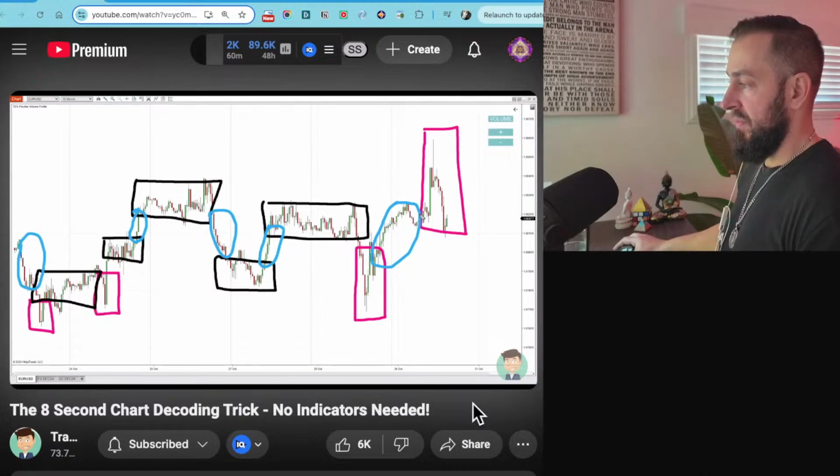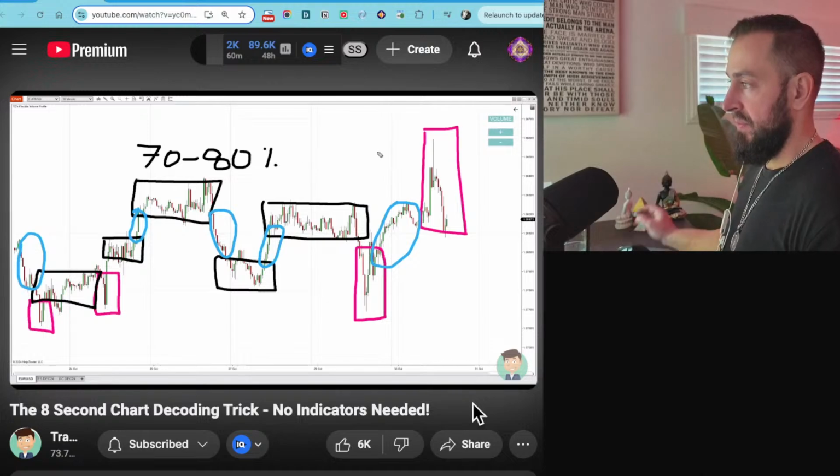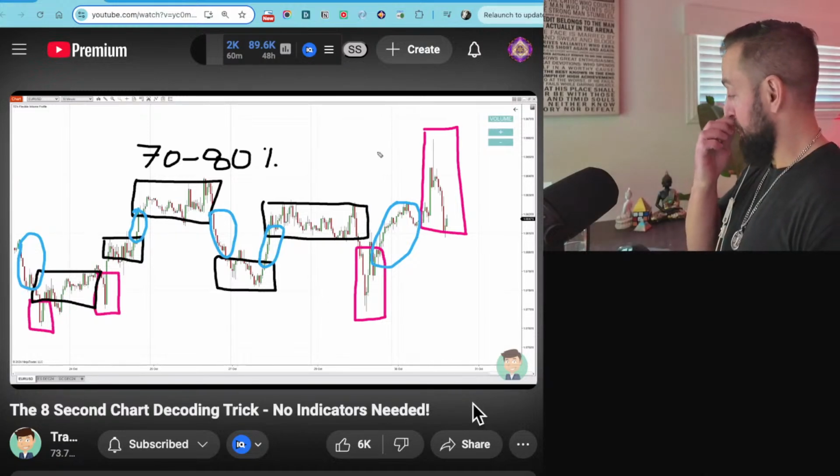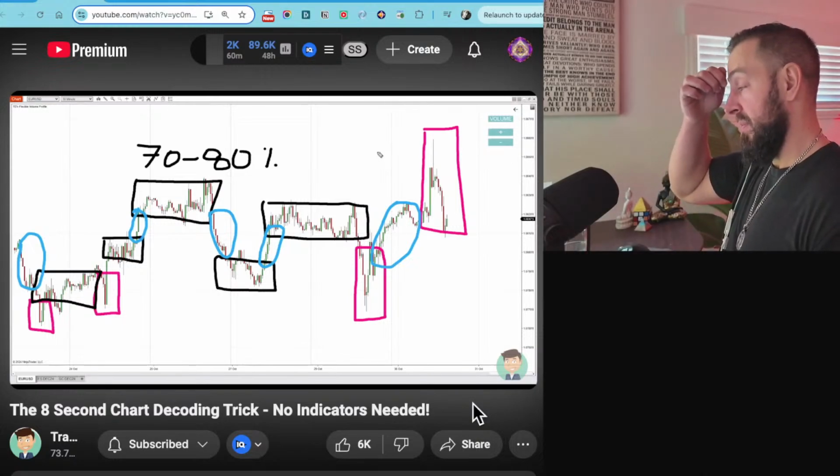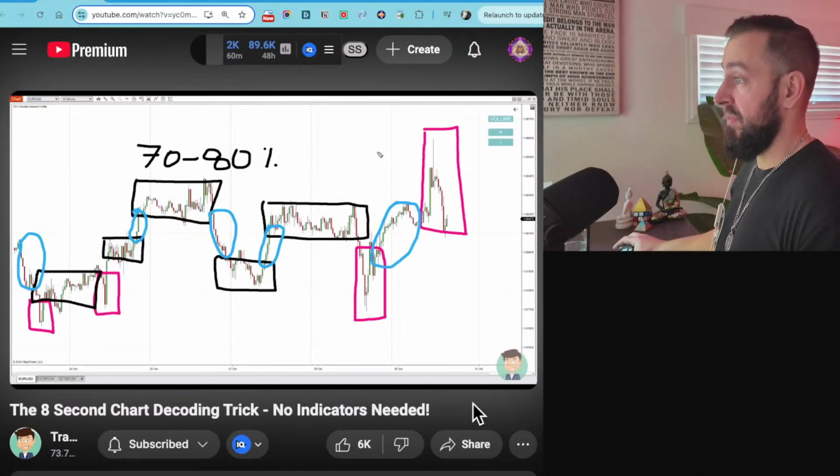Now some of them appear very often, some of them are rare. If we talk about rotations, like for example in here, then rotations appear 70 to 80% of all the time. If you look at any time frame, any trading instrument, then it will really be like this. 70 or 80% of all the time, the charts will be in a rotation, right?